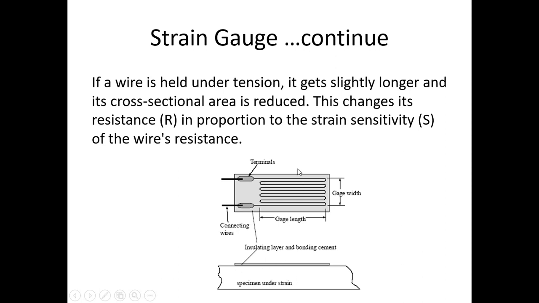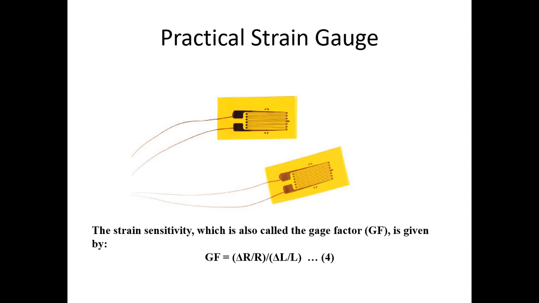Normally the sensitivity of the strain gauge is denoted by S, and that S is calculated as follows. Before we discuss that, this is the practical form of a strain gauge, and the strain sensitivity, which is also called the gauge factor. These are the two terminologies.